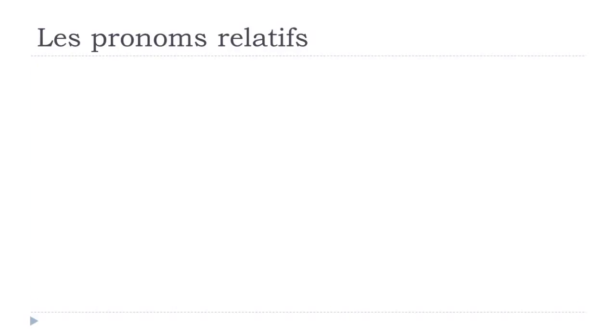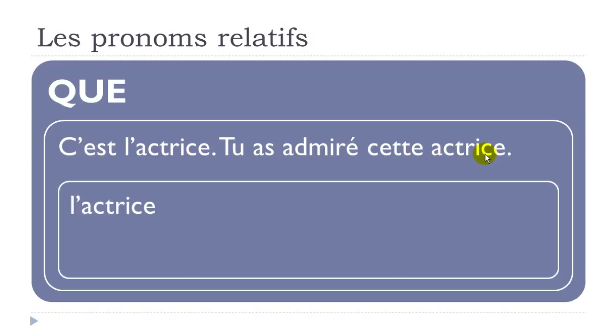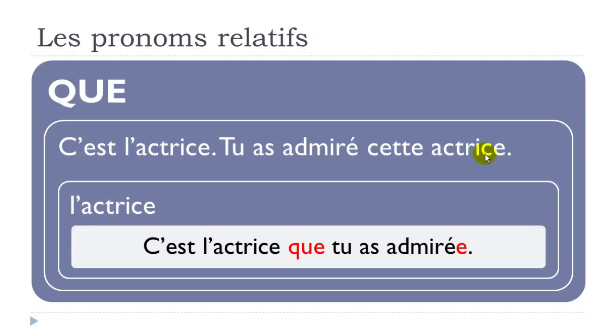Okay? But if we take now the feminine form, c'est l'actrice, tu as admiré cette actrice. We want to replace actrice, then we will have c'est l'actrice que, so the structure doesn't change at all, tu as admiré. The only thing that you will have to put is this e, which is the mark of the feminine, at the end of your participe passé form here. Okay?